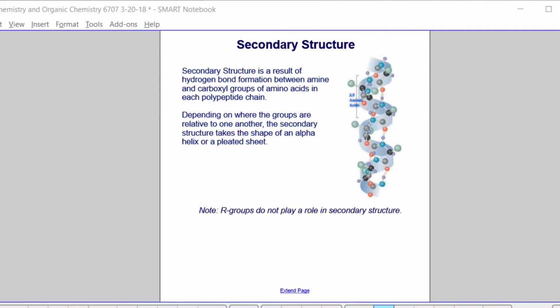So you can see in the diagram at right, we have some hydrogen bonds shown here and here and here, and those are hydrogen bonds between neighboring amino acids. Okay. The R groups, the amino acids themselves, do not play a role in secondary structure because every amino acid has an amino group and a carboxyl group.